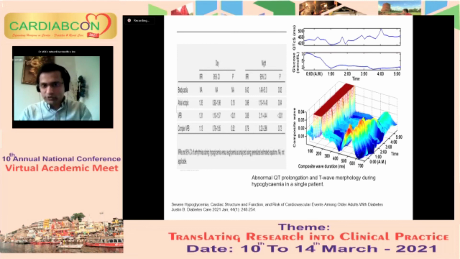If you see the topmost slide on your right, the blue line shows the blood sugars; whenever the blood sugars go down from midnight onwards, the QT interval keeps prolonging. The T wave changes are also very evident in this same slide.